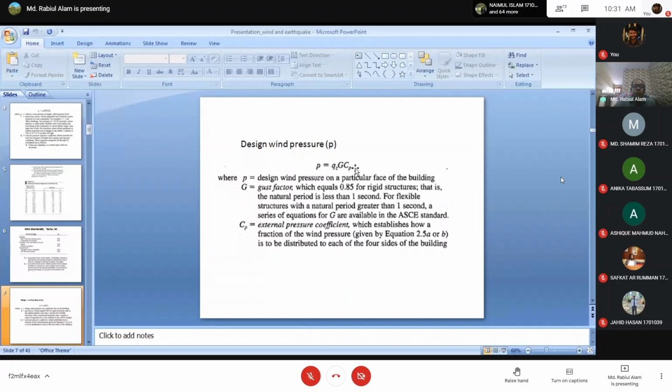There is also the CP, the pressure coefficient. The pressure coefficient is different for different faces of structures. When you calculate wind pressure on the windward side, the CP value will be different from when we consider the leeward side and the sides.